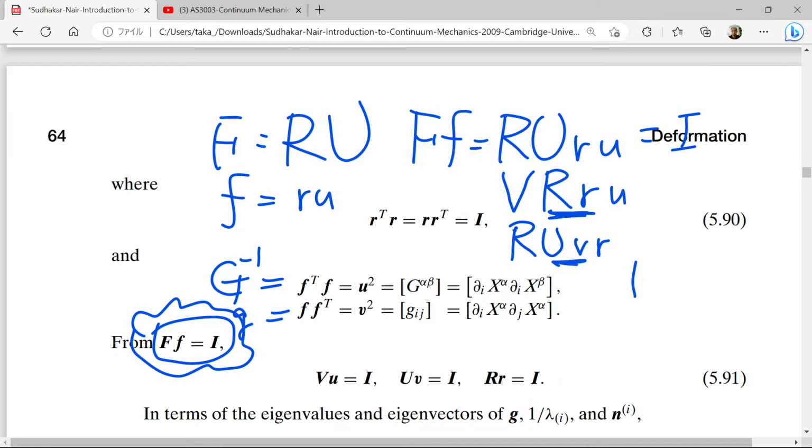This is identity. VU is identity. I think this is not proved.